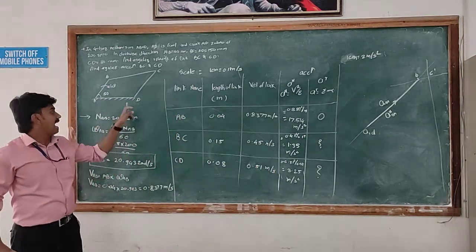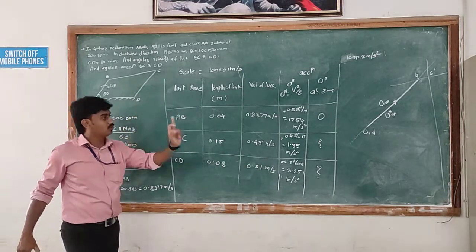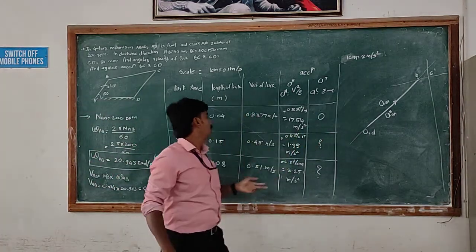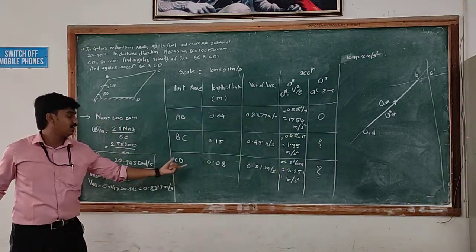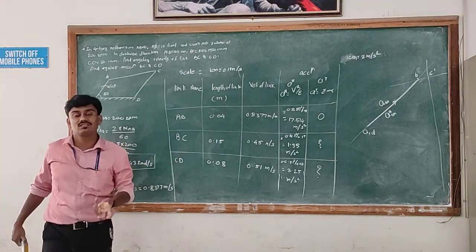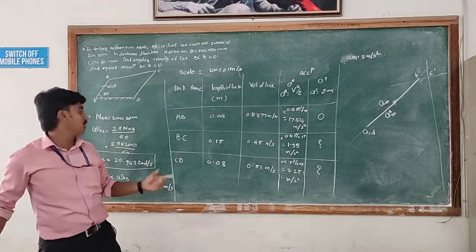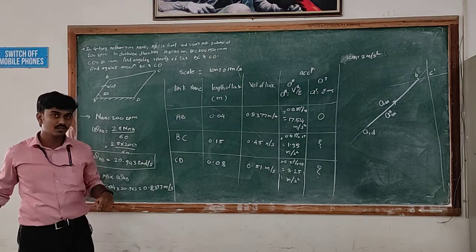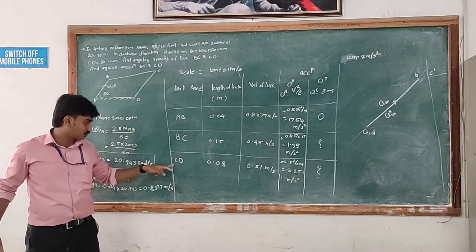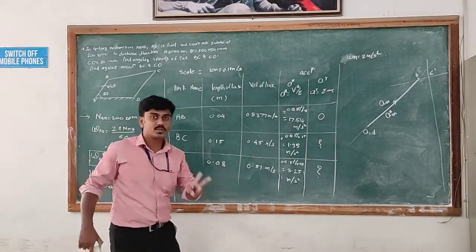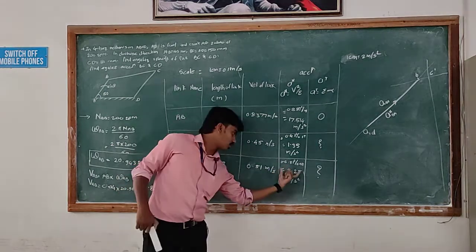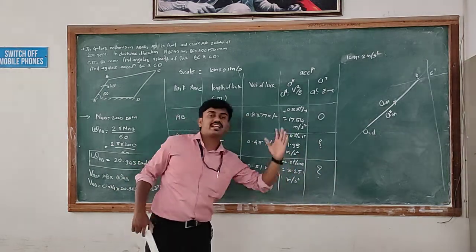Okay. Now, as point D is also fixed, D is here. We have to draw the acceleration analysis for link CD. The link CD has two components of acceleration, one is the normal component and one is the tangential component.